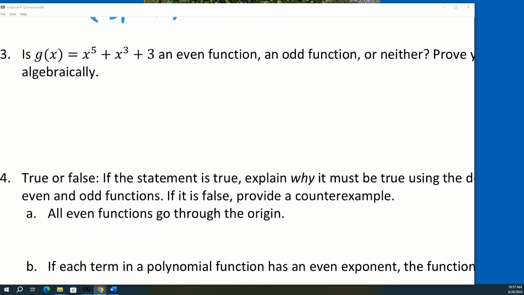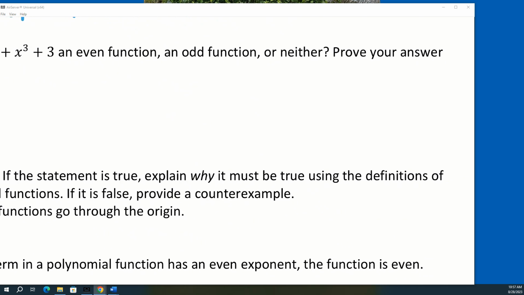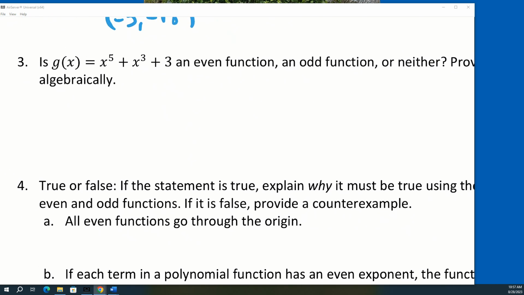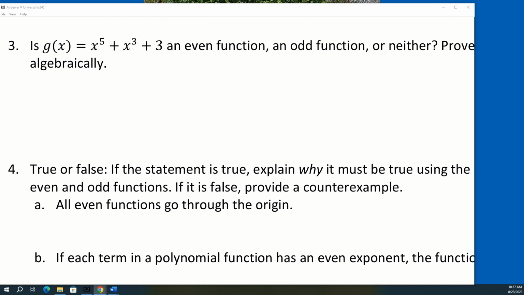All right. And then for number 3, we have g. We want to know if g is even, odd, or neither. And they ask us to prove algebraically. So we do have to show some work here. To prove algebraically is when you put negative x in for x. So that's not too difficult. You just go back and you change all the x's to negative x's.